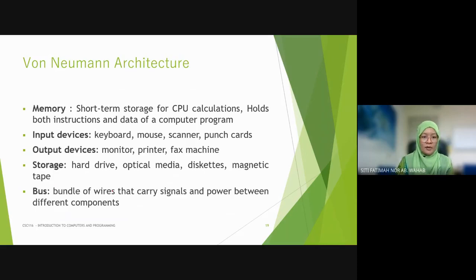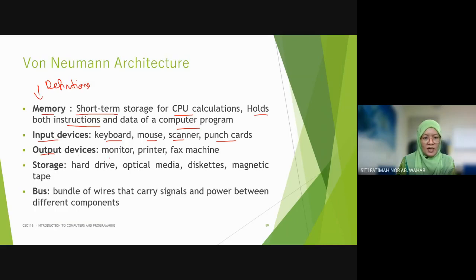And then we have, so what is a memory? These are the definitions. It is a short term, not long term, storage for CPU calculation. It holds both instructions and data of a computer program. What are input devices? These are examples of input devices: keyboard, mouse, scanner, punch card.